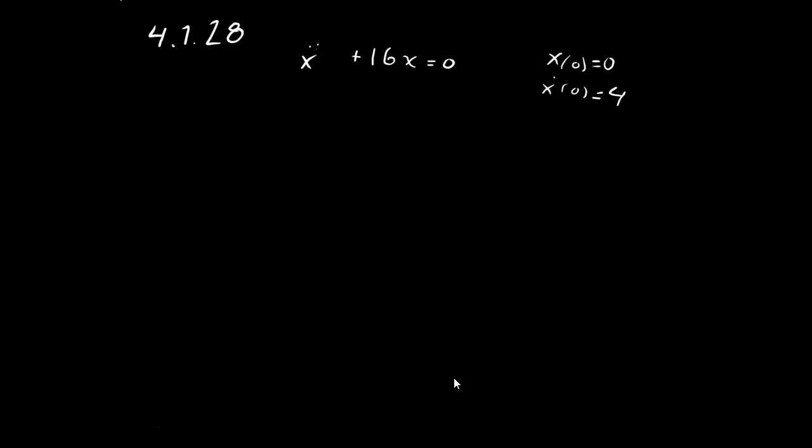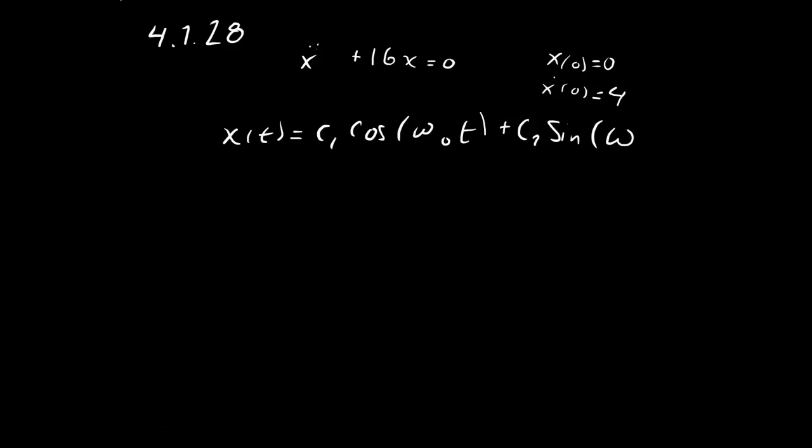most often solve it is by going right to x of t being some constant times cosine of omega naught t plus c2 sine omega naught t.